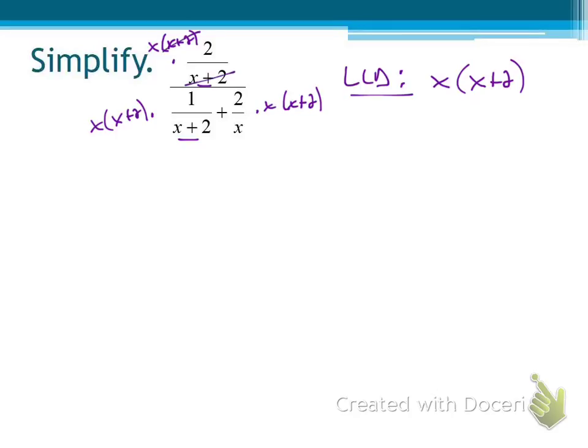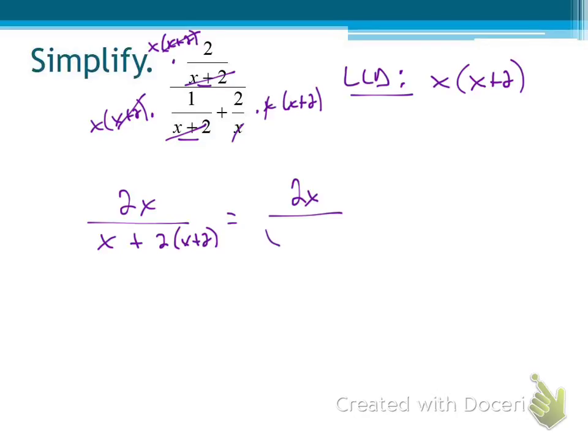So now we're going to divide out these x plus 2's, because binomials will divide out binomials, right? Then we get 2 times x, which is 2x. Denominators divide out the x plus 2, x times 1 is x. Here these x's divide out, and we get 2 times x plus 2.